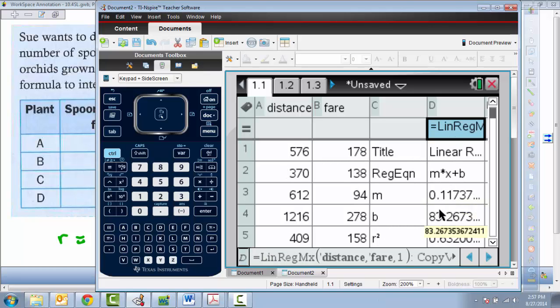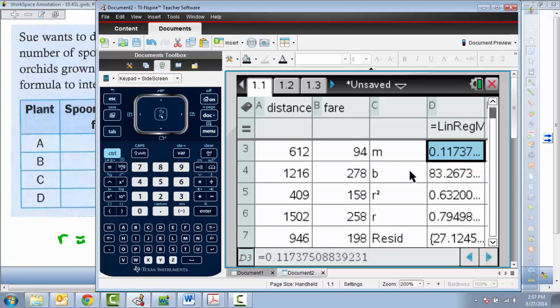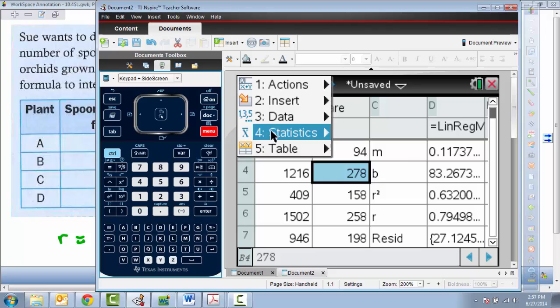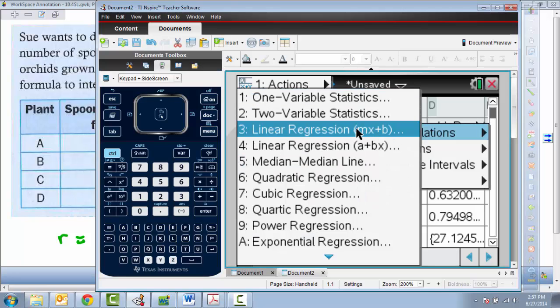And the regression equation is given by 0.117x plus 0.833. So all this information is right here when we do our regression calculation. Again, to find that, while you're in the table, you go Menu, Statistics, Stat Calculations, and choice number 3.